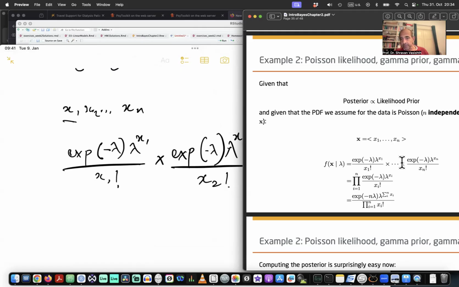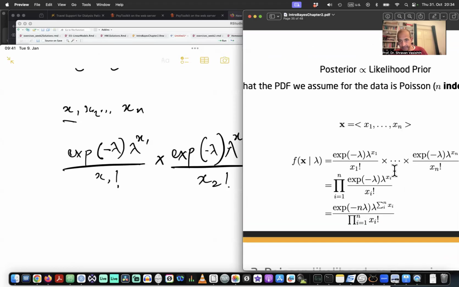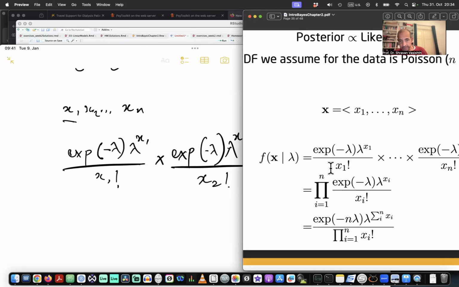And so now we can simplify this a little bit. Instead of writing this multiplication sign, I'm just writing the product. Okay, so the product goes from 1 to n. And so instead of writing x1, x2 to xn, I'm writing x sub i, right?